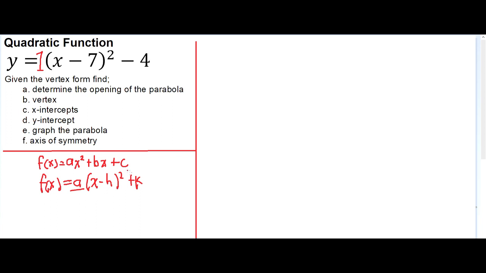So, yun lang yun. Ang A is positive, upwards ang parabola. Pag negative, pababa. That's all. So, since ang A mo dito is positive 1, ang sagot dyan, upwards.